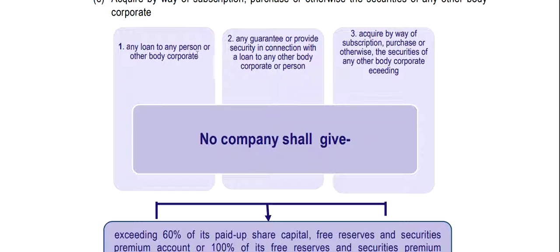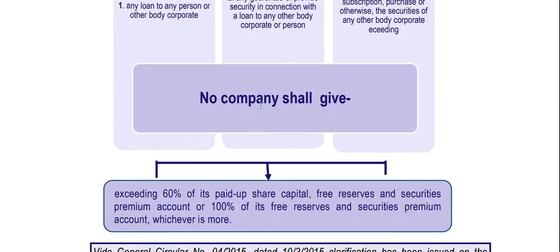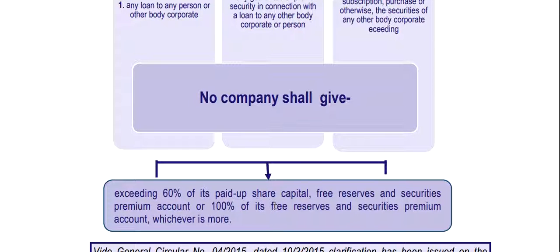So any loan to any person or other body corporate, any guarantee or security in connection with a loan to any other body corporate or person, or acquiring by way of subscription, purchase or otherwise the securities of any other body corporate, exceeding, no company shall give exceeding 60% of its paid up share capital, free reserves and securities premium account, or 100% of its free reserves and securities premium account, whichever is more.